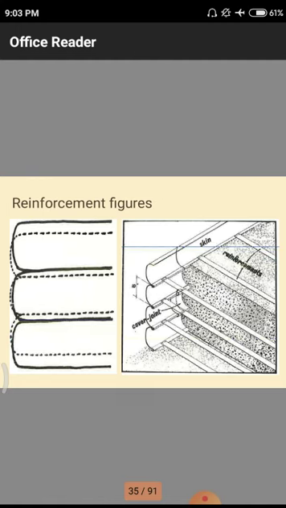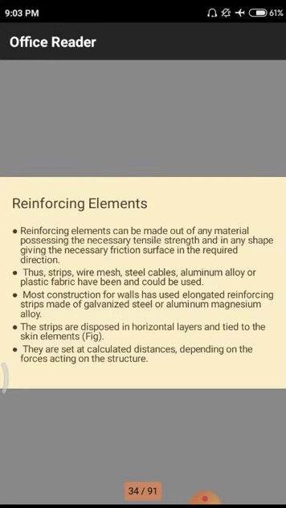After compaction is over, we go for another skin element, and skin to skin are connected with these reinforcements. And there are a set of calculated distances depending upon the forces acting on the structure.